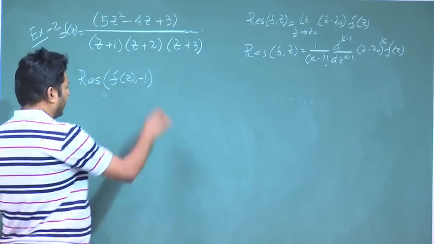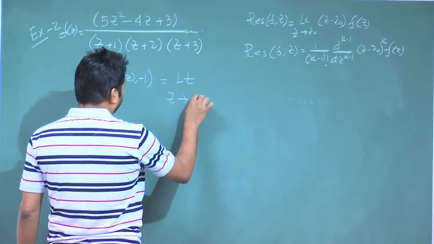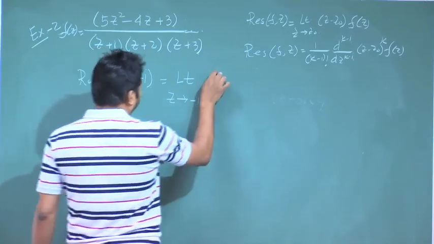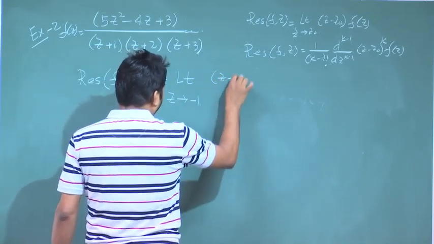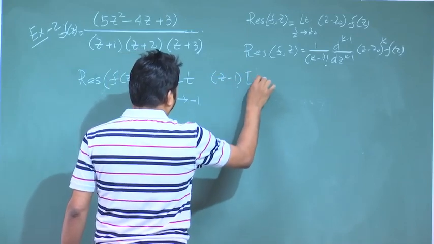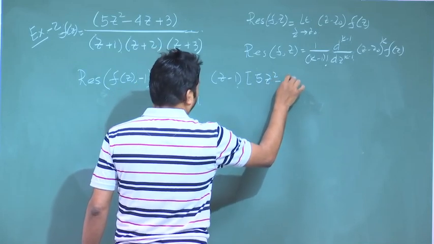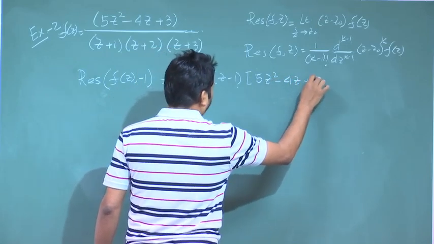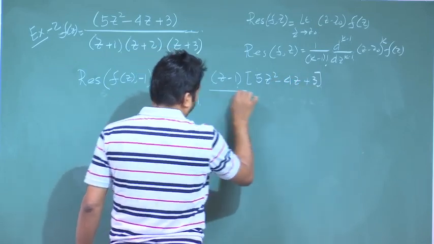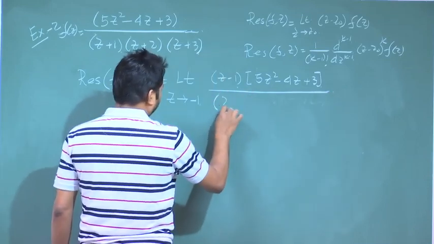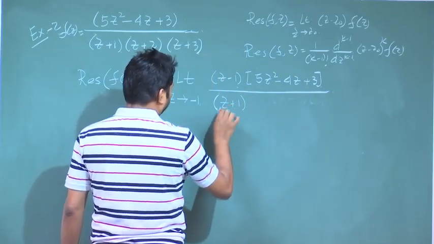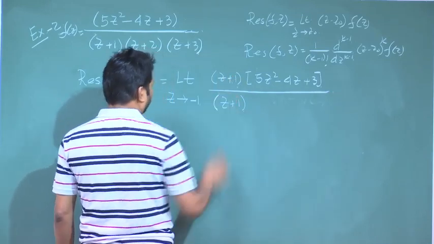My formula suggests that z tends to minus 1, and I multiply the entire function by z plus 1: (5z square minus 4z plus 3) divided by (z plus 1)(z plus 2)(z plus 3), times (z plus 1), because my residue is at minus 1.